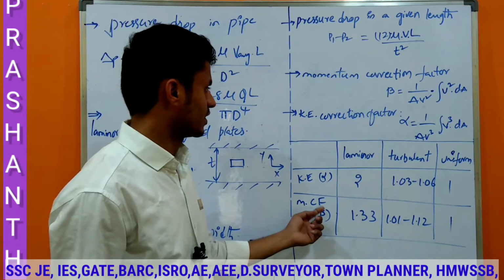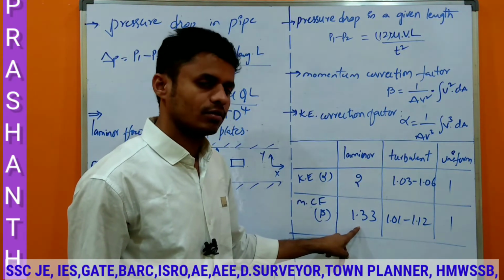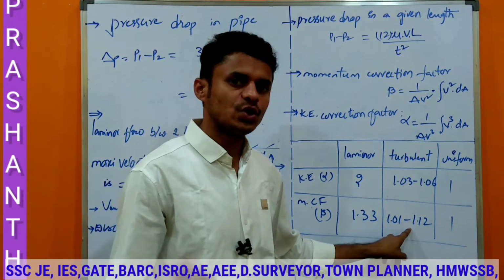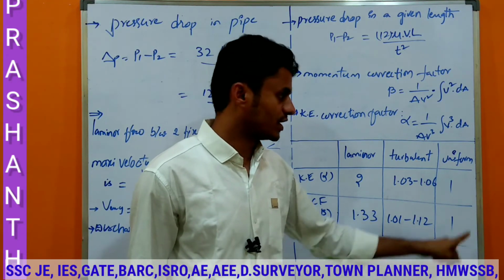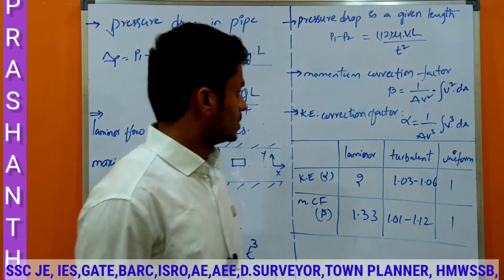For the momentum correction factor, for laminar flow the value is 1.33. For turbulent flow, it ranges from 1.01 to 1.12. For uniform flow, it is 1.